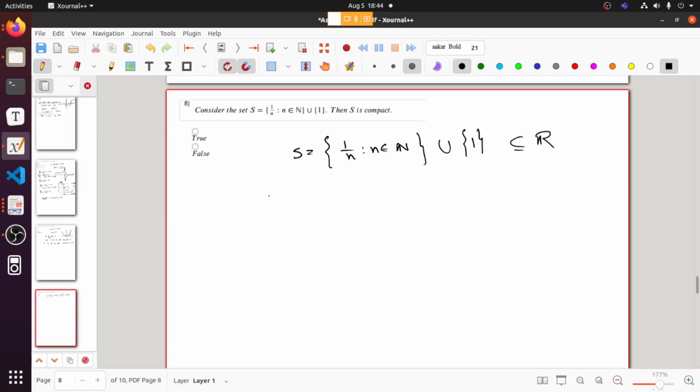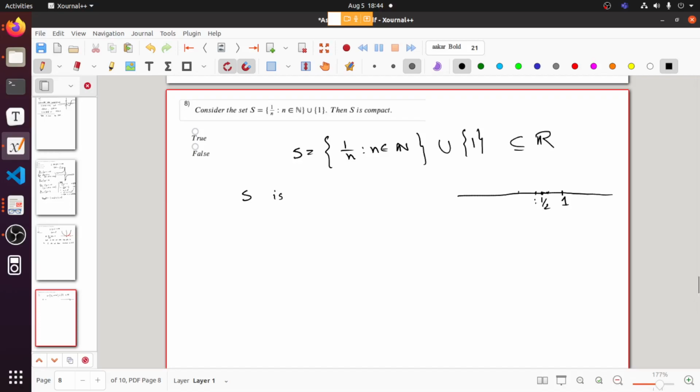So closed and bounded. S is bounded. Why? Suppose this is 1. For n equals 2, it will be half.